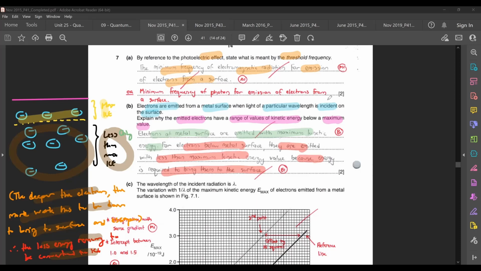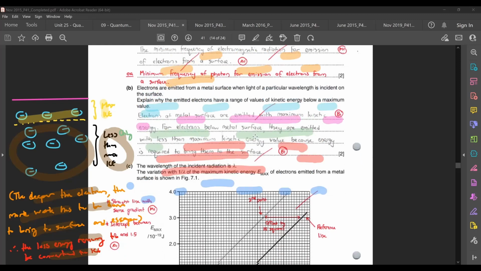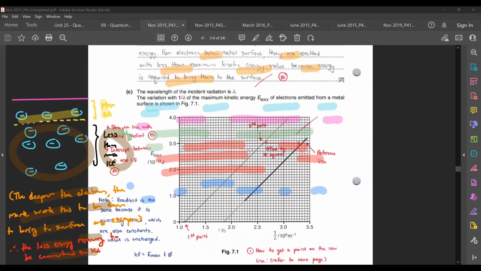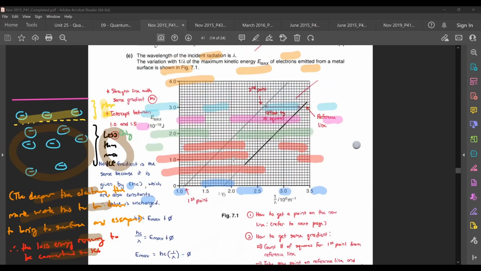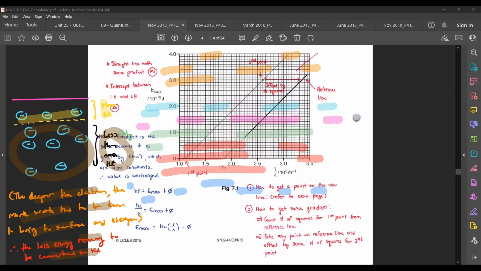Okay. Now, if you look at C, the wavelength of the incident radiation is lambda here, and the variation with 1 over lambda of maximum KE, Emax, of electrons emitted from the metal surface is as shown in the figure below. This is the same KE max versus 1 over lambda line that we had from before.